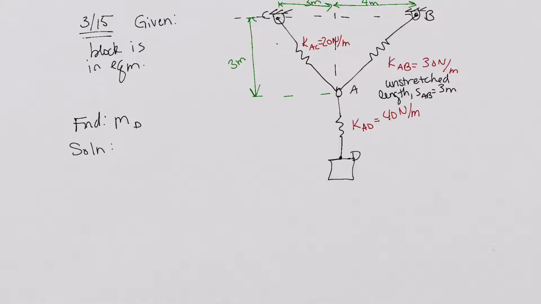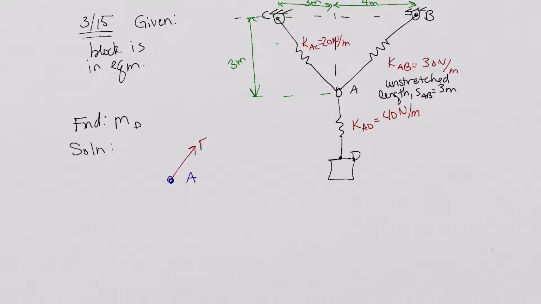Alright, so this is problem 315 from the textbook. So for just like all these problems, we're going to start out with a free body diagram, and we're going to do it about maybe the point A. And so we'll replace each of these springs with a force.